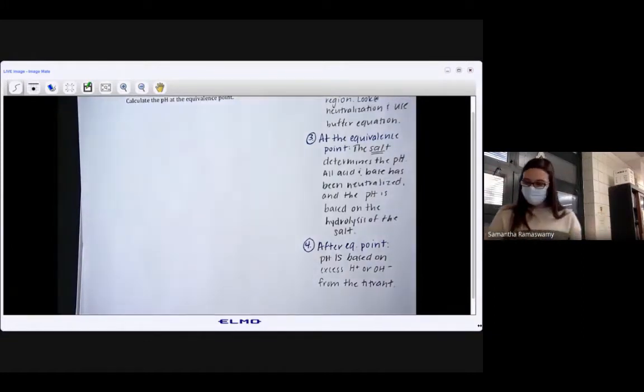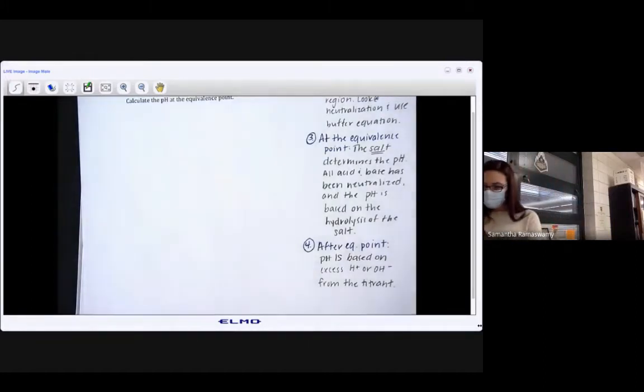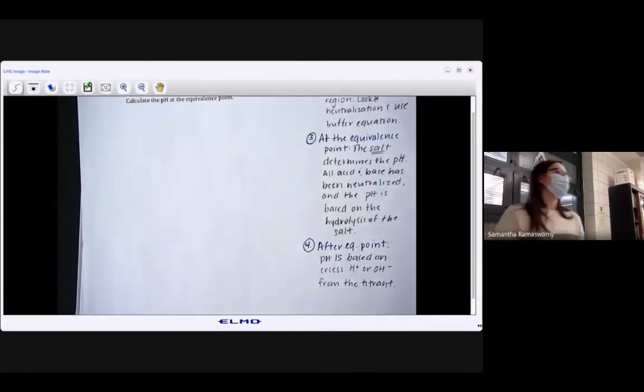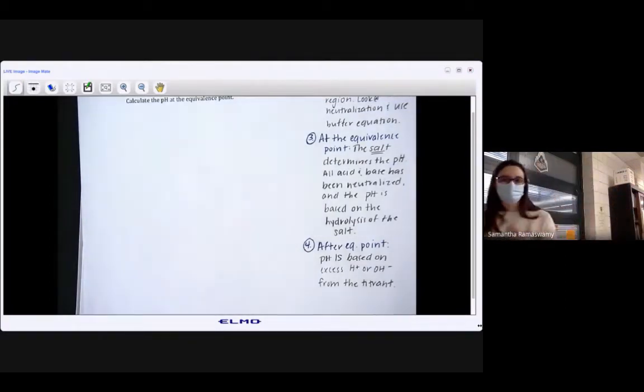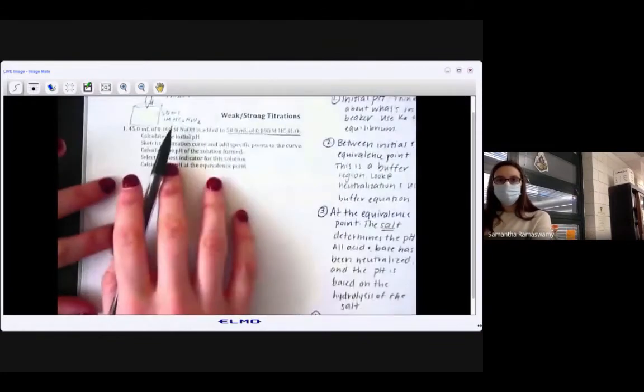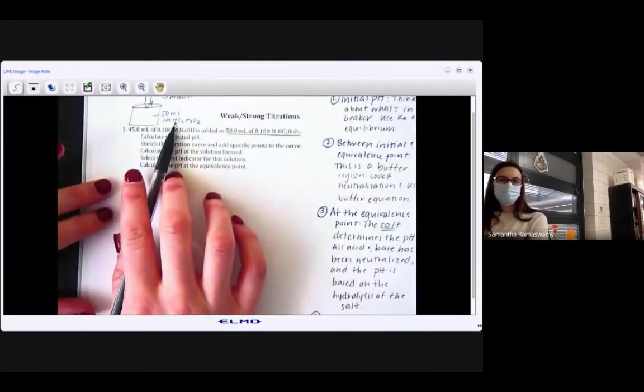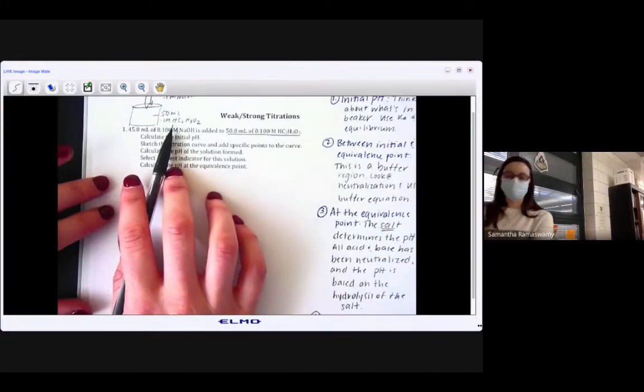And so for this, the first thing that it wants us to calculate here is the initial pH. So for the initial pH, we have to think about what did we have in the beaker initially. So if I come back up to the top, in the beaker initially was just acetic acid.